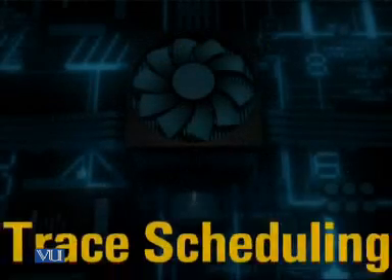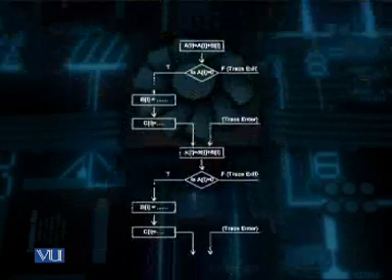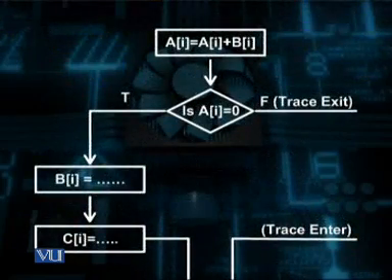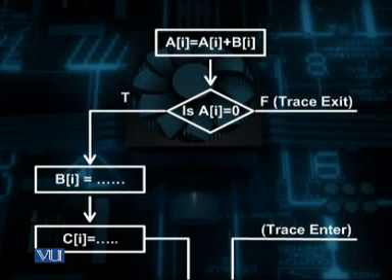For this purpose, let us have a look at this flowchart which shows how a trace can be formed. Here you can see that this flowchart is generated from our earlier global code fragment.